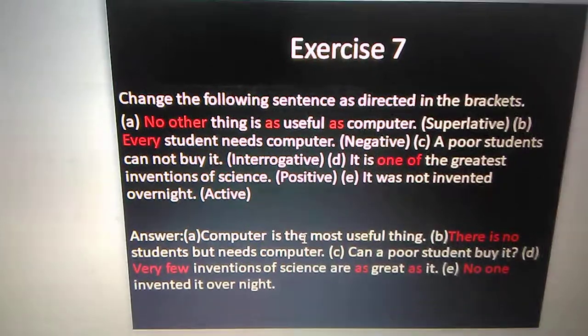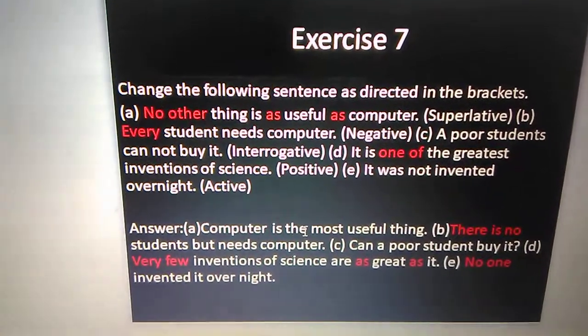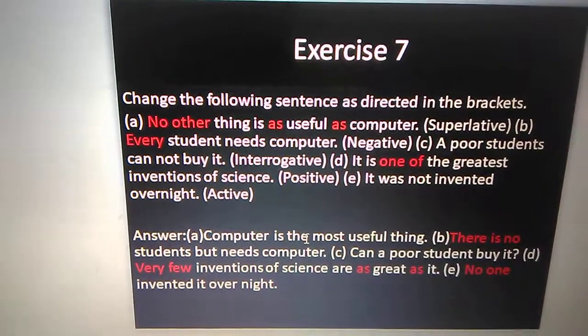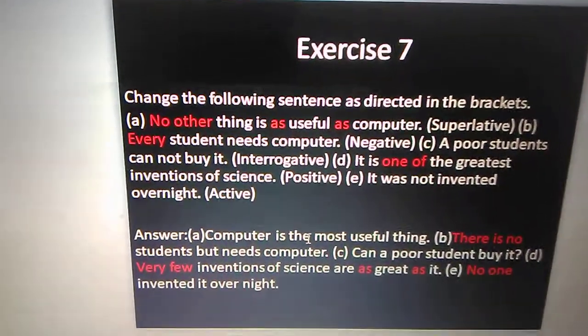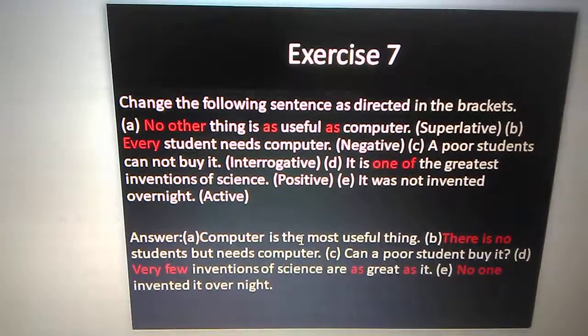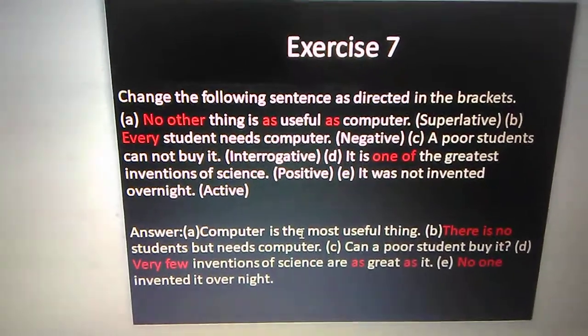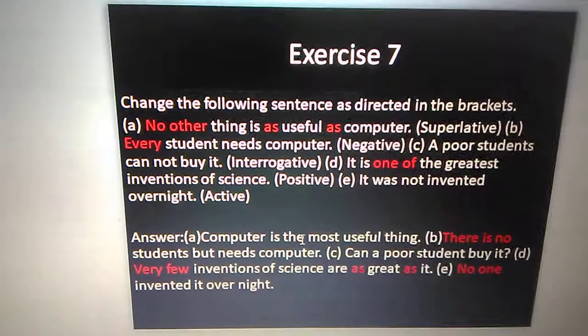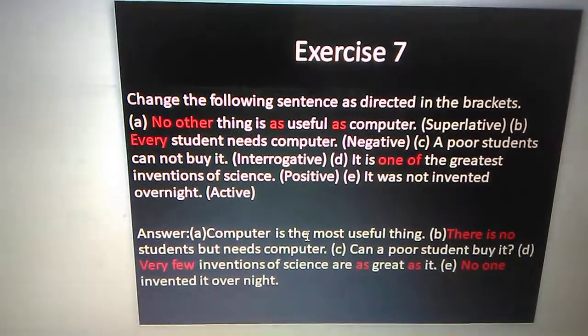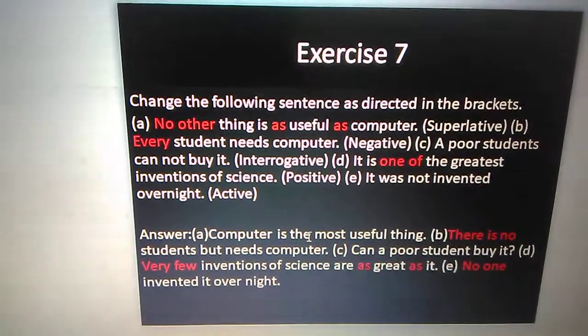Make it positive: very few inventions of science are as great as it. As it is inventions, there will also be the plural verb are, not is. Keep in mind that after very few, there are always plural subjects and a plural verb.